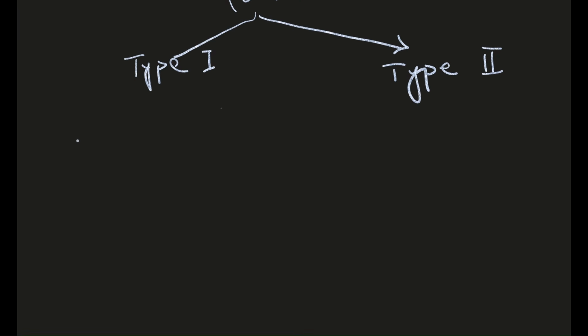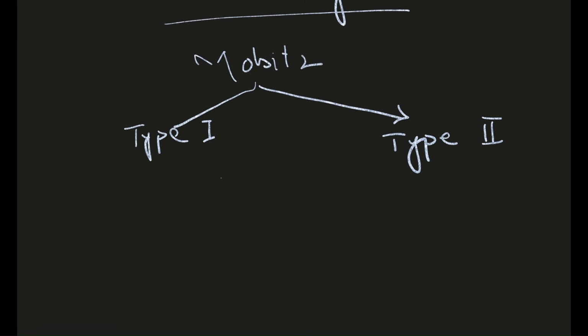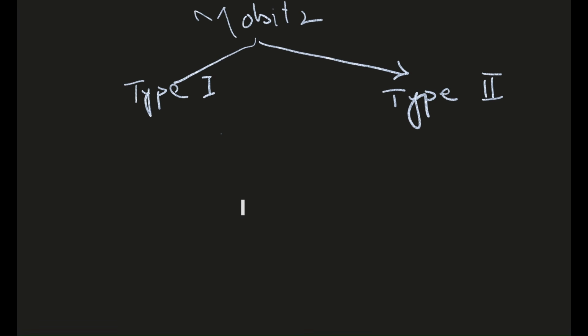In type 1 Mobitz block, I mean type 1 second degree AV block, there is progressive lengthening of PR interval.